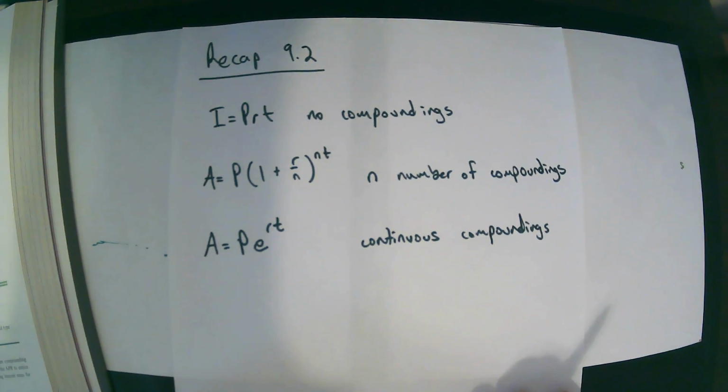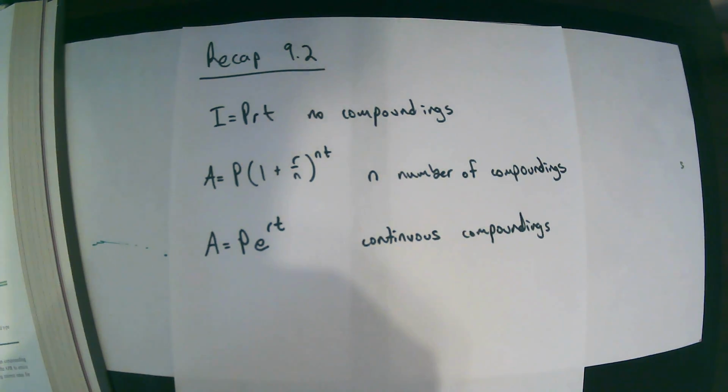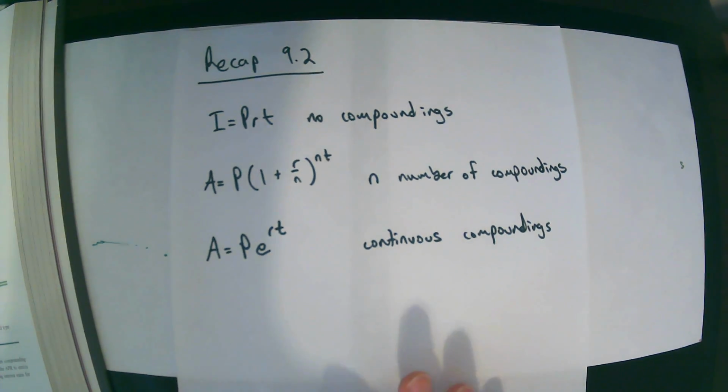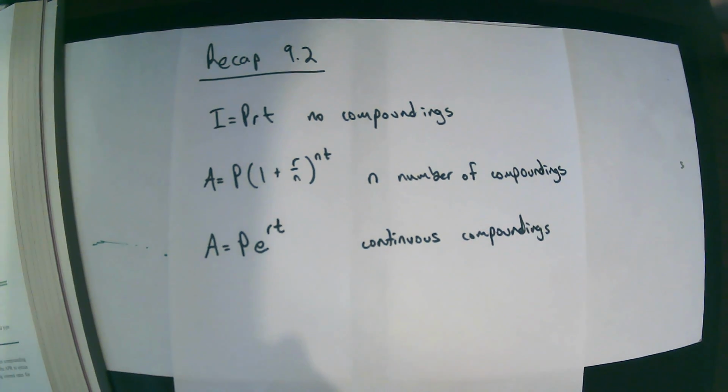But if this account was not a continuously compounded interest account, or even just a regular compounding interest account, then what would the yield be at the end of a year?